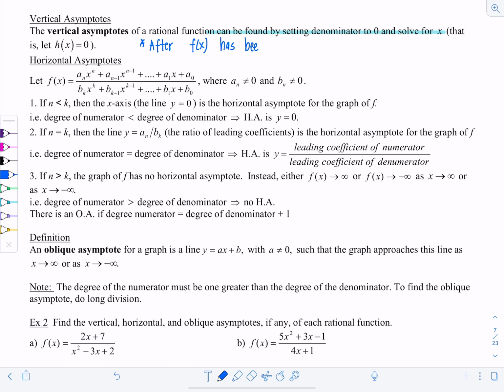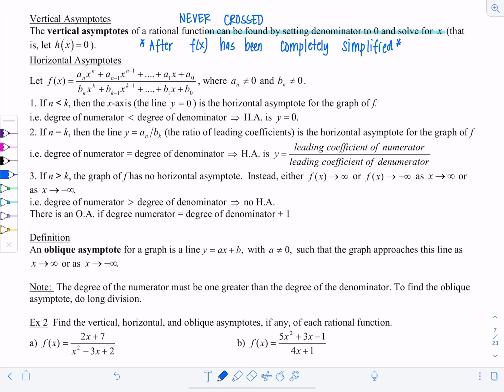We'll also discuss what that means in a second, but I just want you to take note of that. So yes, you look at the denominator to figure out where the vertical asymptotes are, but only after you've simplified your function.